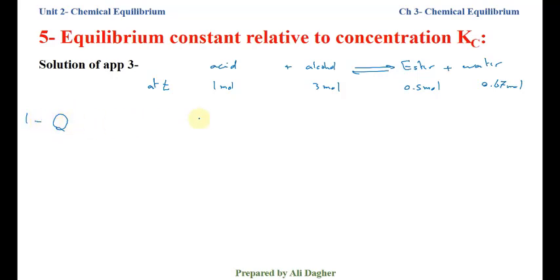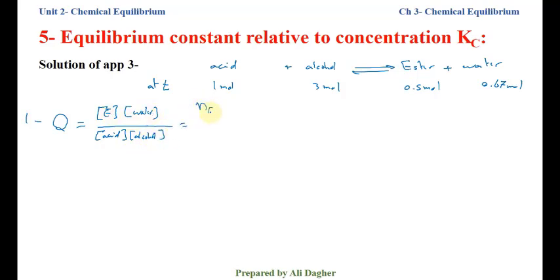To identify whether the system is at equilibrium or not, we should calculate Q. Q, the same as the expression of Kc, is concentration of ester times concentration of water over concentration of acid times concentration of alcohol.